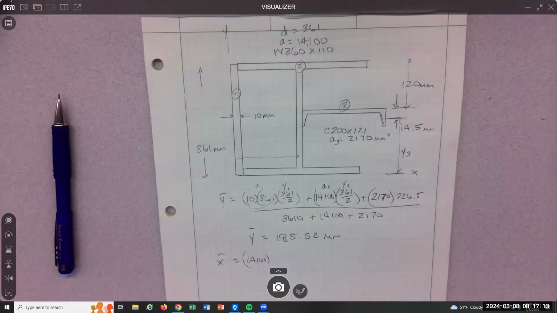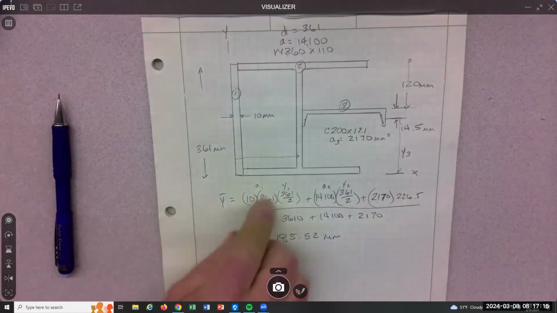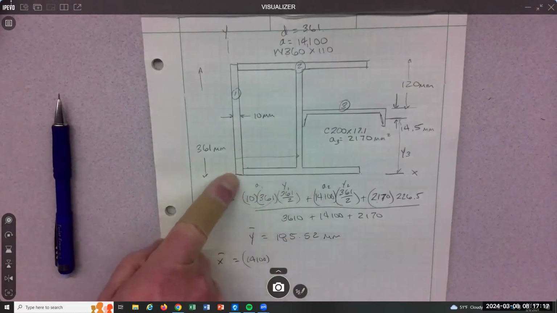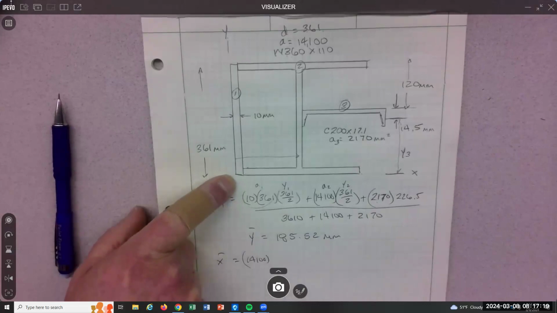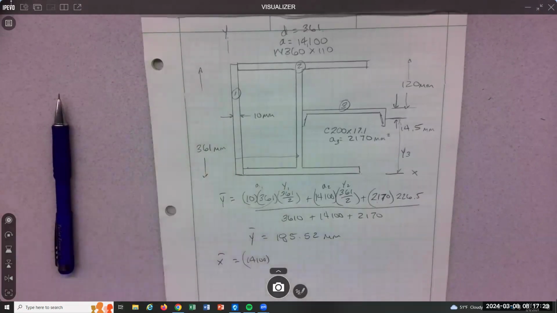I believe in you. So it's coming from all the way over here. So did you add 10 to it? Yes. Okay, good. It's 360 by 110, metric. 360 by 110. B sub F, the base flange, is 257.